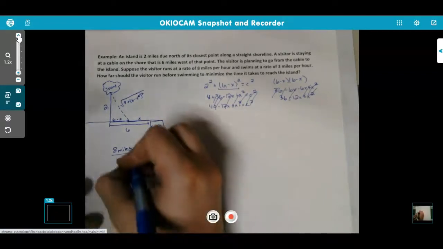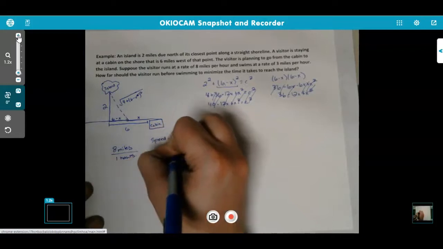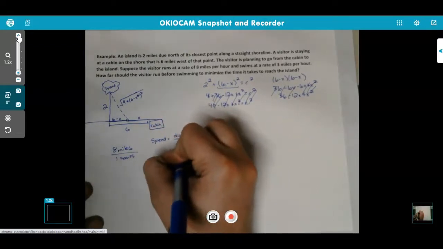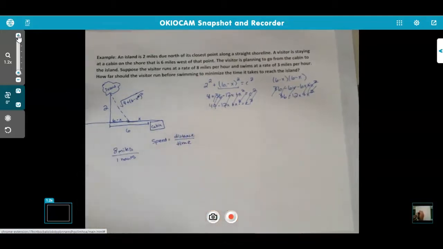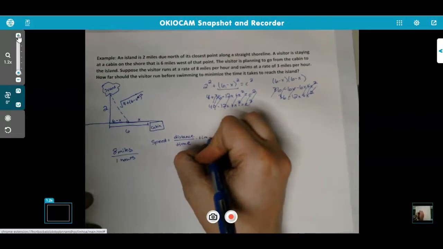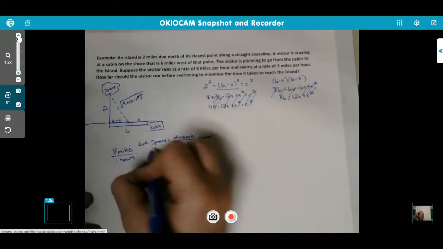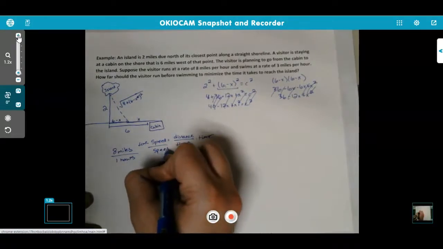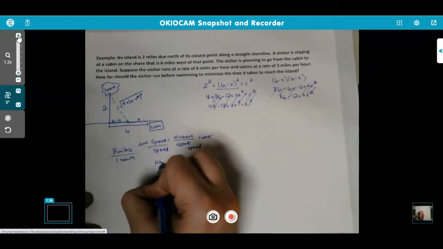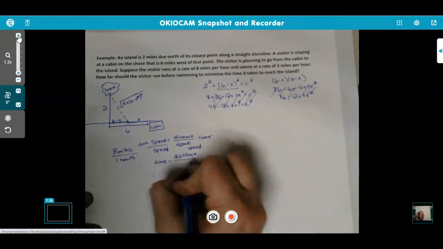Now remember, speed is equal to distance divided by time. So if I want an equation for time, I can multiply by time, which cancels it out, and then divide by my speed. So time is my distance divided by my speed.